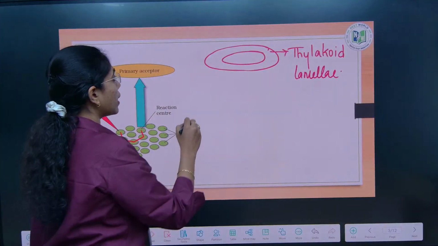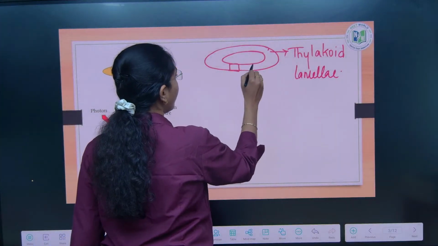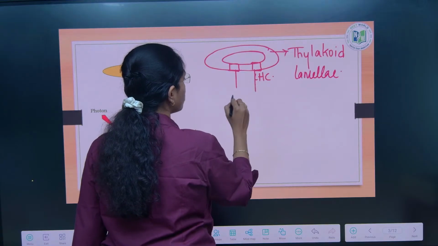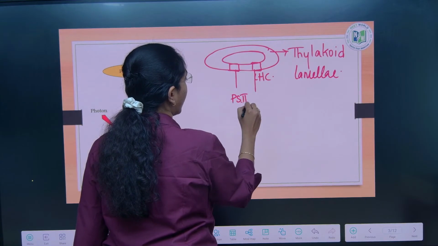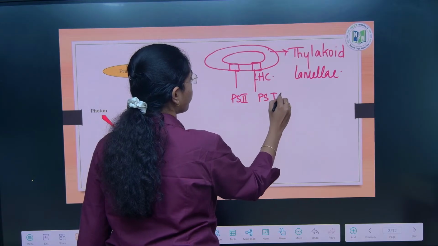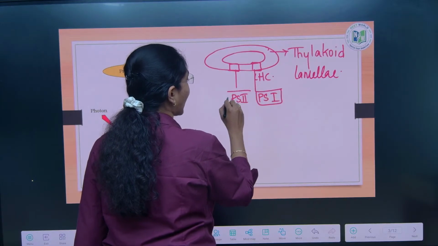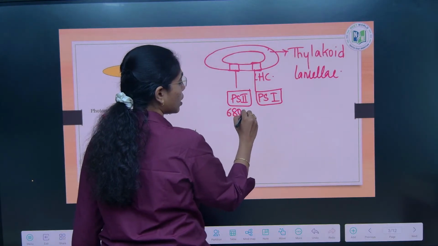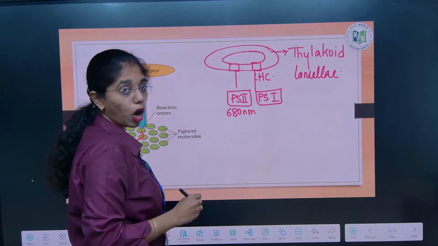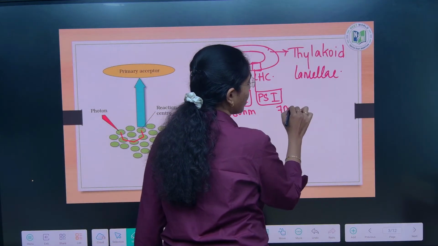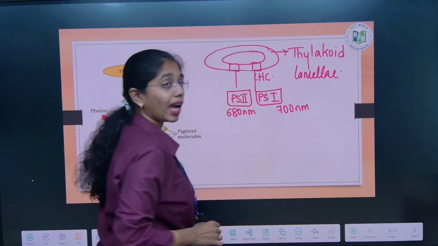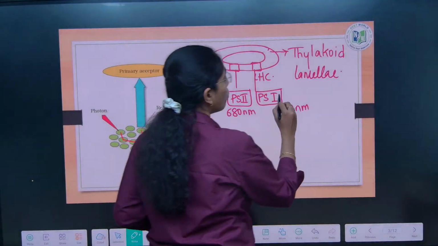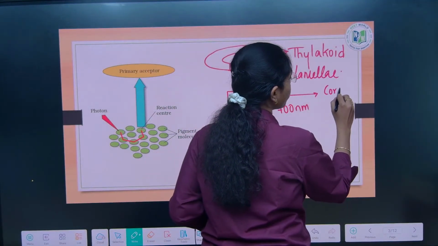Inside the thylakoid lamellae or membrane, we have light harvesting complexes which are known as photosystem 2 and photosystem 1. The absorption maxima of photosystem 2 is 680 nanometers and the absorption maxima of photosystem 1 is 700 nanometers.